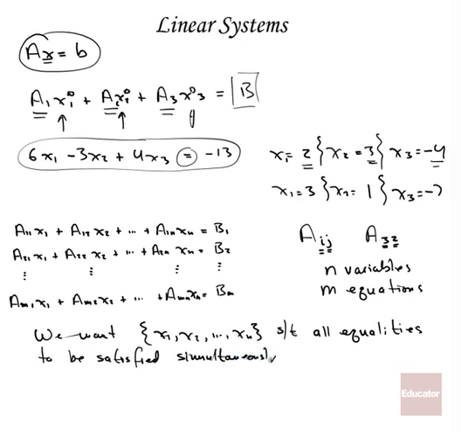In other words, we want numbers such that that holds, that holds, that holds, that holds. If one of them doesn't hold, it's not a solution. Let's say you have 7 equations, and you found some numbers that satisfy 6 of them, but they don't satisfy the 7th. That system doesn't have that solution. It has to satisfy all of them. That's the whole idea.